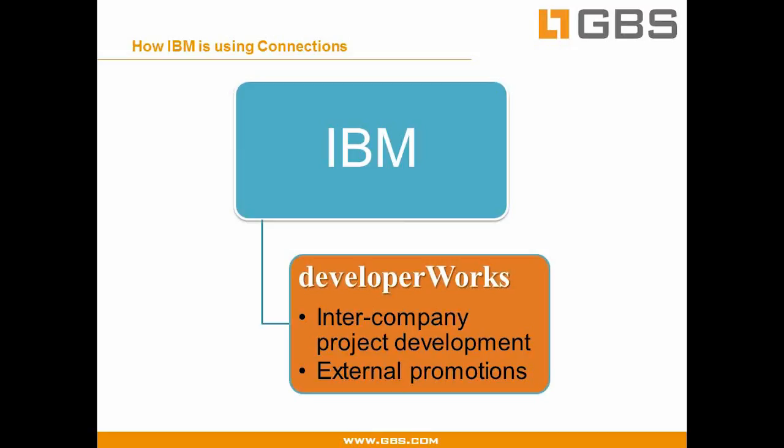But as it's grown, it's also become a place where a lot of experts, whether they're from within IBM, whether they're external, whether it's from within our ecosystem, have the ability to exchange information and ideas across our network. So we have a large instance of Connections that we run on DeveloperWorks, and we use it in both public and private capacities to share information within IBM, across IBM and our partners, and across anyone that's involved in a lot of the technical areas that we cover.